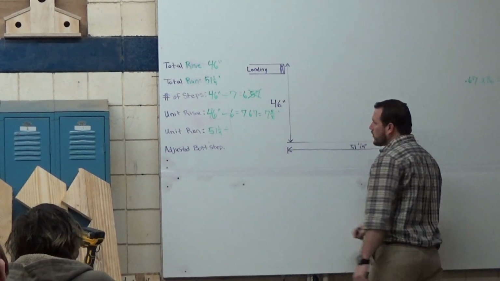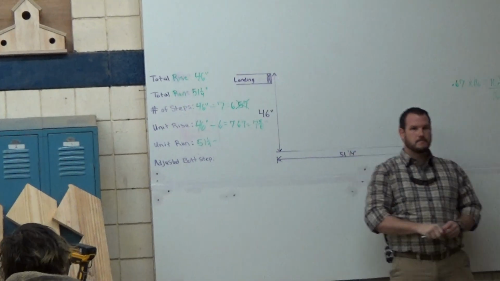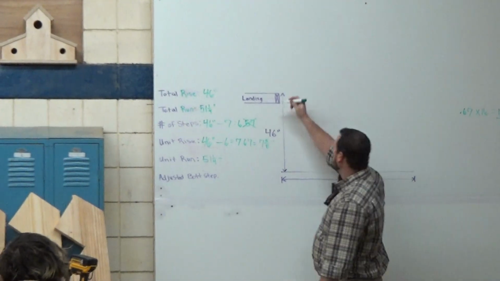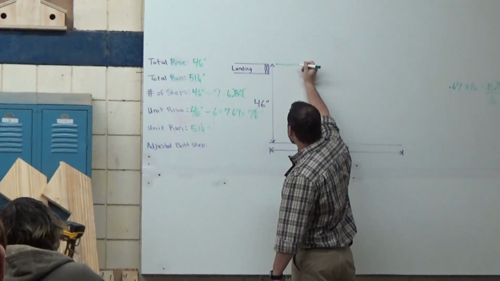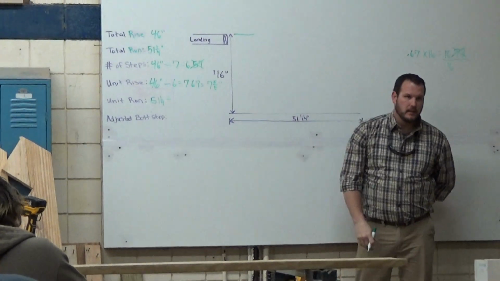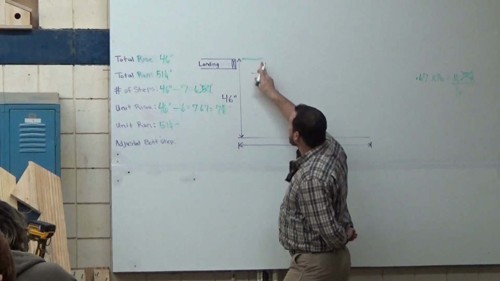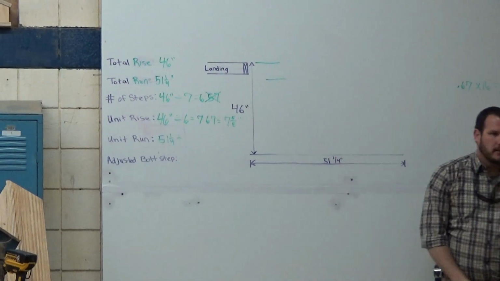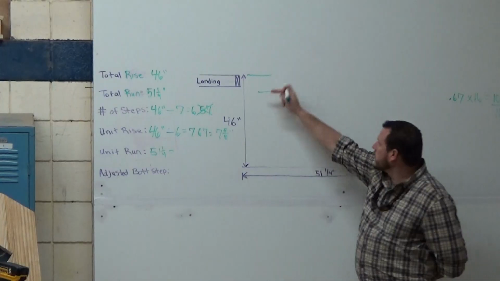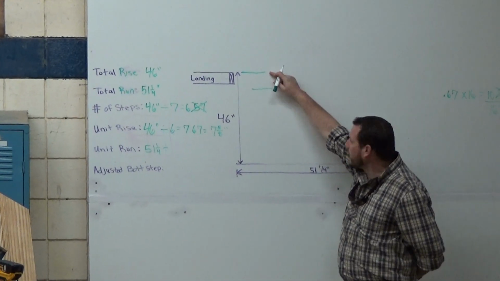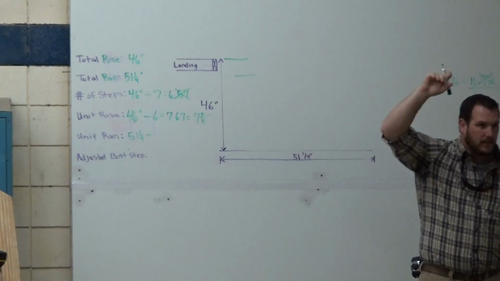Now, how do I know to divide by 5 or 6? Because the landing can either be even with my last step, or the landing can be my last step. All right, does that make sense? If I do this method, I divide by 6. If I do this method, I divide by 5.